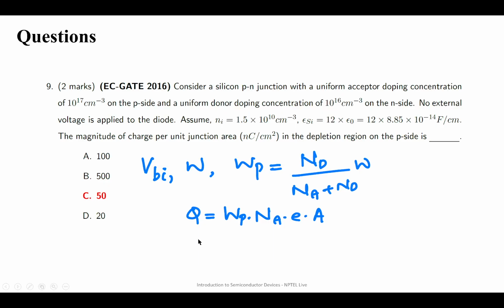So you have to do XP into q, where q is your electron charge 1.6 into 10 power minus 19, and Na is the given value 10 power 17. You have to calculate your XP from VBI and W, and when you solve it, it will come out to be 15 nano coulomb per centimeter square.